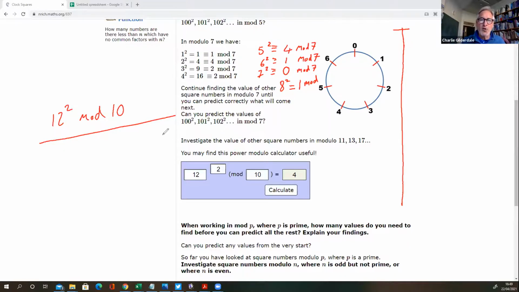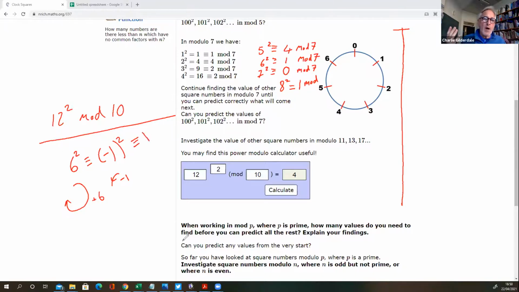So why should 1 squared be the same as 6 squared? Now, if we think about what we did at the beginning with clock arithmetic, 6 is like -1. Instead of going clockwise 6 places, you can get to the 6 by going 1 step anti-clockwise. And so squaring 6 is the same as squaring -1.